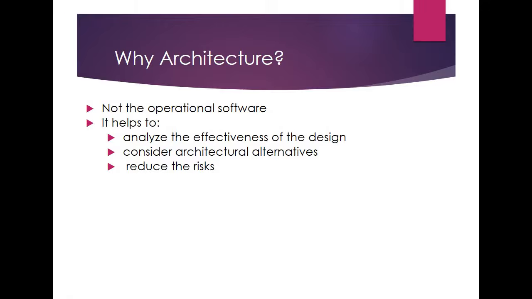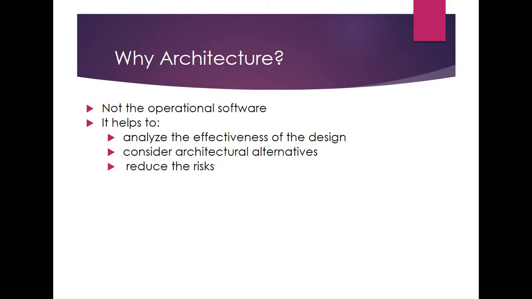So let us discuss why architecture is needed. Architecture is not a software application, it's just a design. The architecture helps to analyze the effectiveness of the design. So why do we need the architecture? The system design will be described in that.